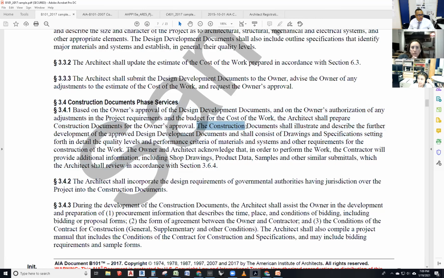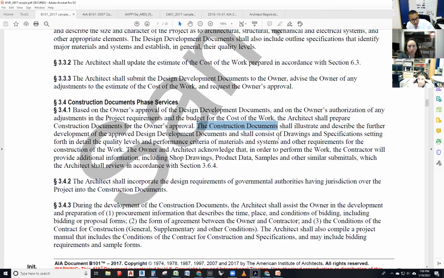So then the construction documents, I'm gonna do this again. What are we supposed to provide? The construction documents shall illustrate and describe the further development of the approved design development documents and shall consist of drawings and specifications setting forth in detail the quality levels and performance criteria of materials and systems and other requirements for the construction of the work.